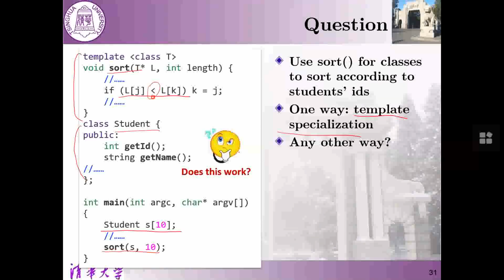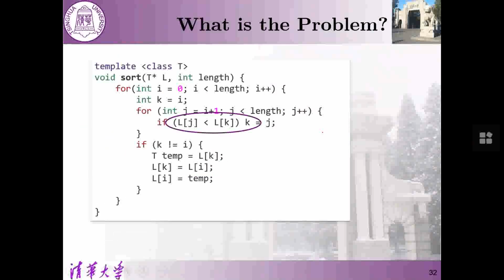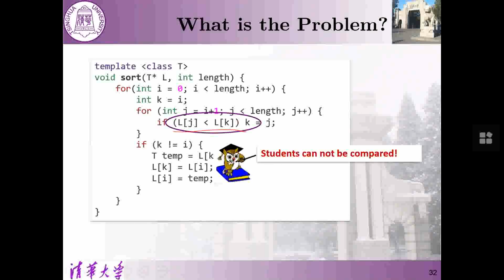So one way to solve this is template specialization. We just define a specialized template especially for this student object. So this is one solution. Another way is to make this work for students. How to make it work?